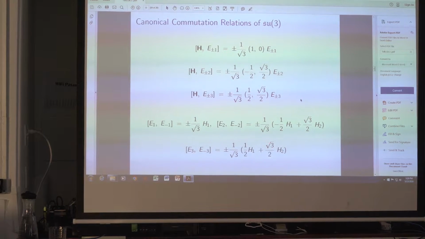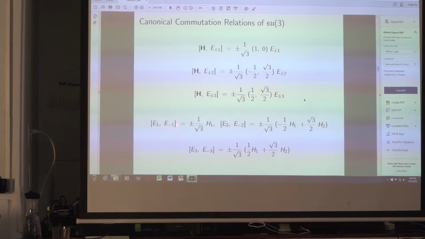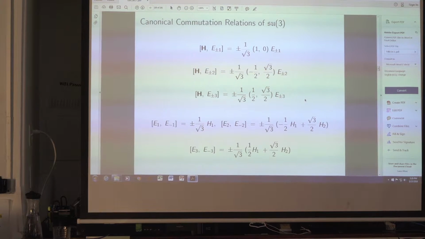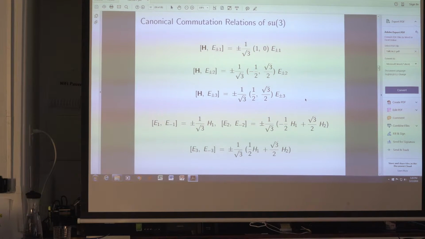Remember, 1 minus 1 gives you 0, because 0 is an index associated with the Cartan subalgebra. You see 2 and minus 2, when you add them up, you get 0, and then the commutator has to give you a linear combination of your Cartan generators, okay? A 3 with a minus 3, again, is going to give you 0. 3 plus minus 3 is 0. So the commutation relation has to give you a linear combination of your Cartan generators, okay?